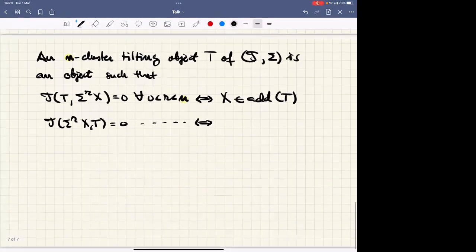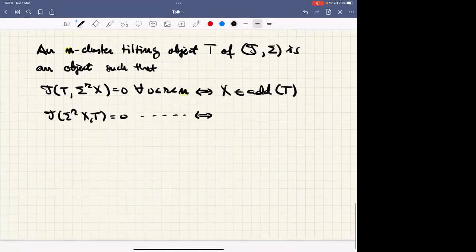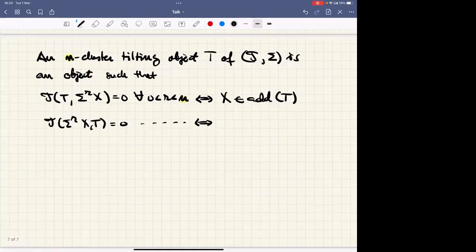Okay, so some facts. First fact, which holds whenever we have an n-cluster tilting object, is that T generates the category. This is thought for the case when this is a triangulated category, which has more implications, but we really do not need T to be triangulated and sigma to be the suspension factor for this to make sense, right?